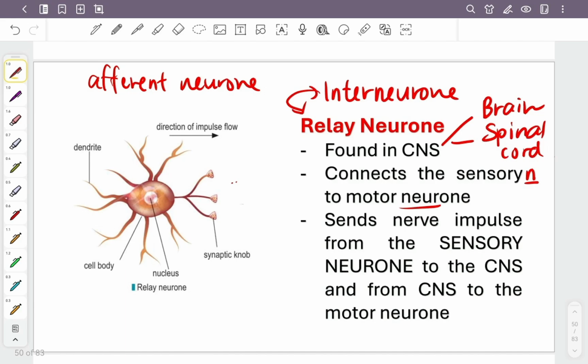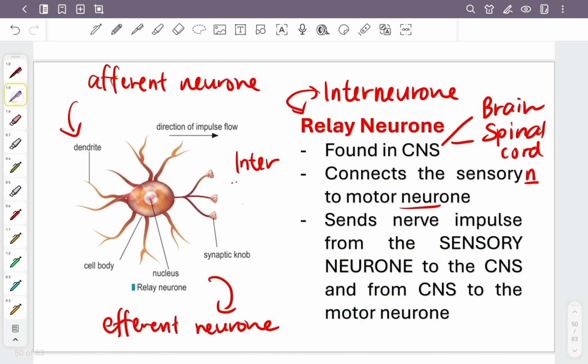So after that it goes to the interneuron, then goes to the efferent neuron. Understand? Or in other words, sensory first, then the relay neuron, then this one is the motor neuron.